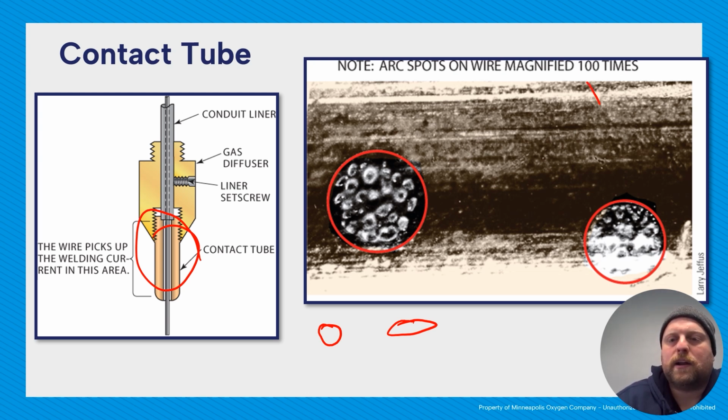So this picture over here is a wire that's been magnified, and you can see where it's been arced inside the contact tube and the wire. So not great, because you're going to be losing a lot of power to resistance, and not getting consistent feed.